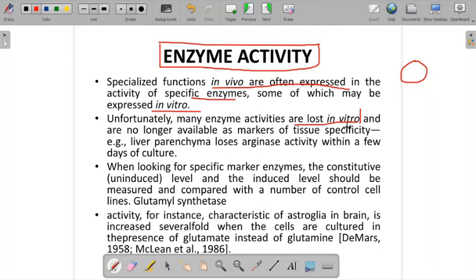That could happen, and that's why they might lose their function. For example, liver parenchymal cells lose arginase activity within a few days of culture.